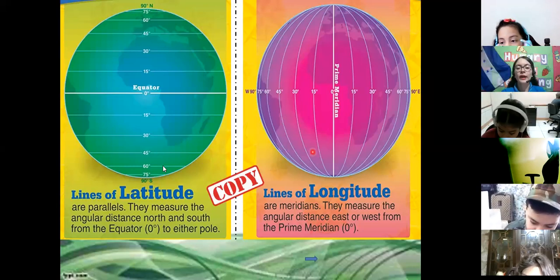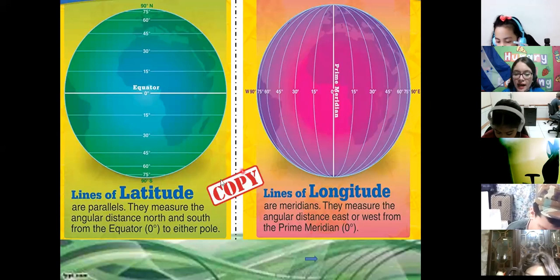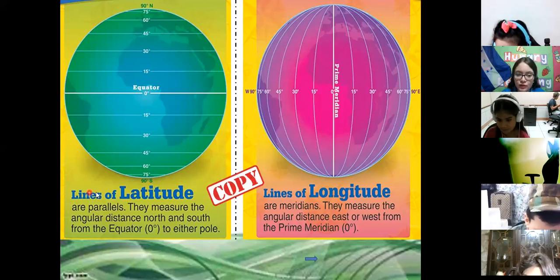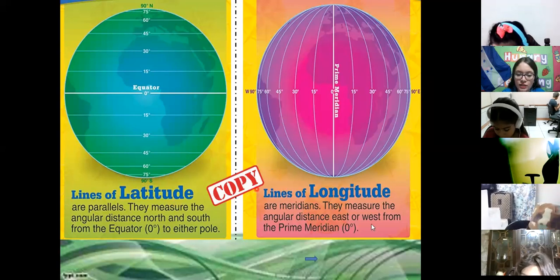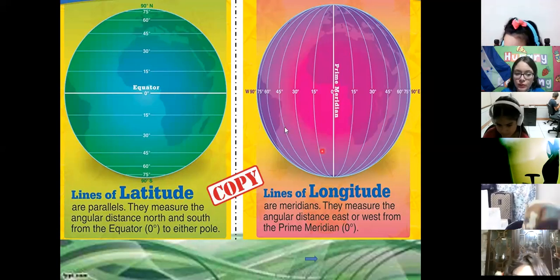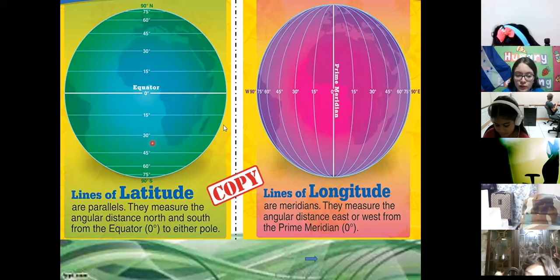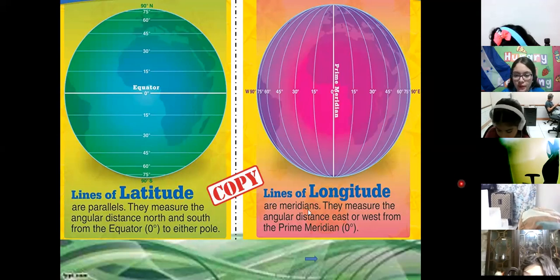Remember, every single time that you see copy, you have to copy. In this case, you have to write lines of latitude and lines of longitude. You can draw them. So in this way, you know what the lines of latitude look like and the lines of longitude. Just that information you have to copy in your notebook.